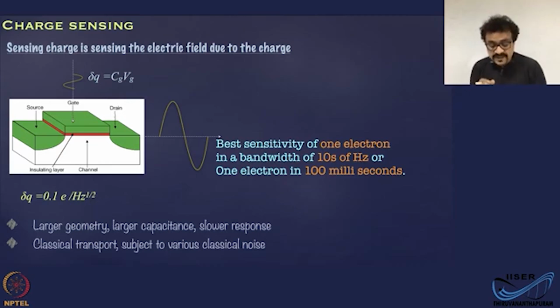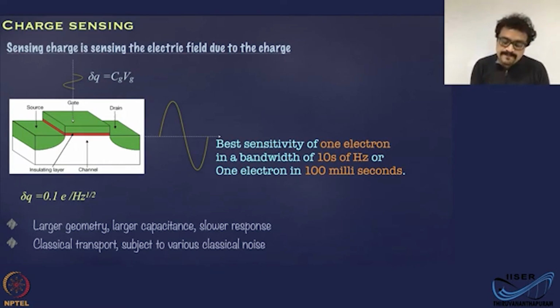But what we are interested in, especially in quantum dot research or qubit research, is the change of one electron in the system. Not many electrons, one electron. How can you sense when the dot goes from 0 electrons to 1 electron or 1 electron to 2 electrons? Which is pretty challenging.